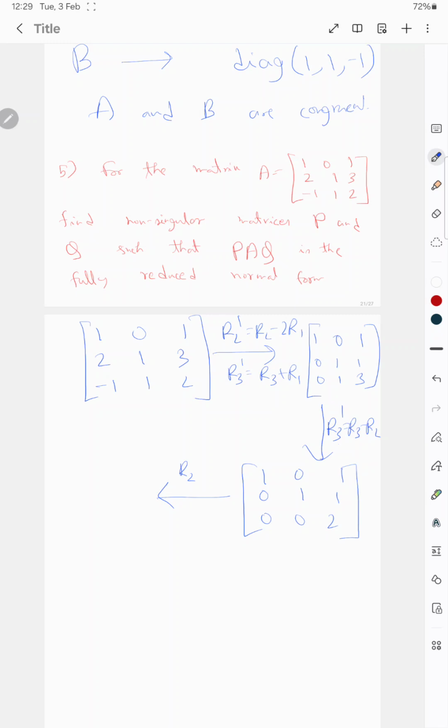In the congruence, basically you have to do the row and column operations together, but here in the normal form you don't have to do that. Basically first you apply all the row operations, then we apply the column operations to get that type of form. So R3 dash will be R3 by 2, if you do so, and we can do one more operation, right?